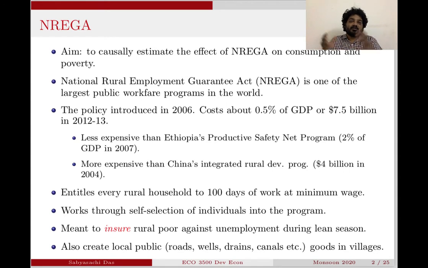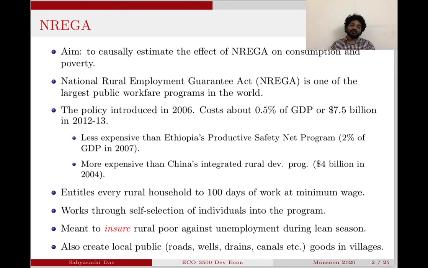So in that way, it's a nice self-selection procedure where the government doesn't have to decide who's poor and who's not. The program is designed in a way such that systematically poorer sections of the people are more likely to enroll for this program. So that's related to targeting.